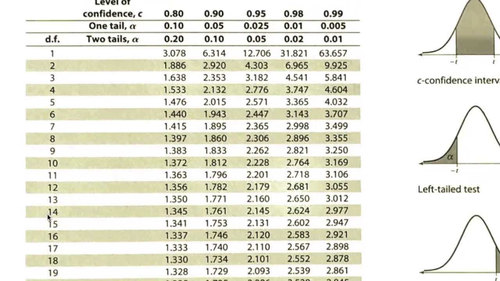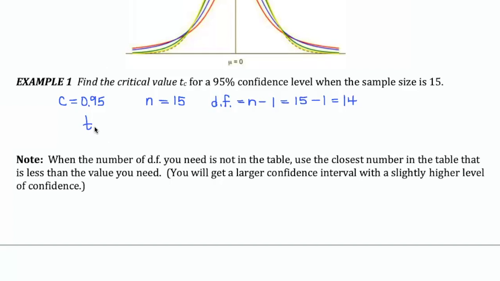So you go down to the number 14, read across, and we wanted a 95% confidence level, which takes me to the number 2.145. So my t sub c value, which is what I was asked to find, is approximately 2.145. And that's all this example wanted you to do, was to find that.